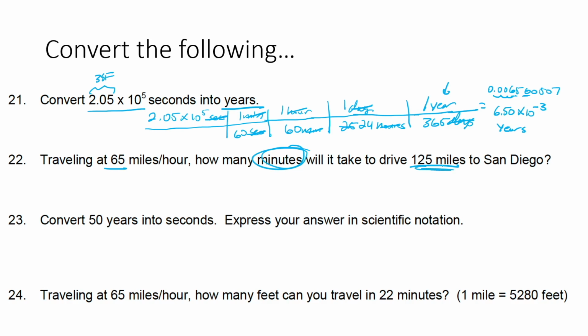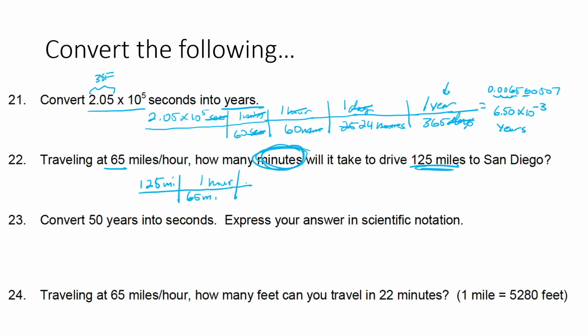So we'll start out with the 125 miles because that's the distance that we have to travel, right? And then we're going to try to travel that at a speed of 65 miles per 1 hour. And then our last step is that we have to change it to minutes right there.